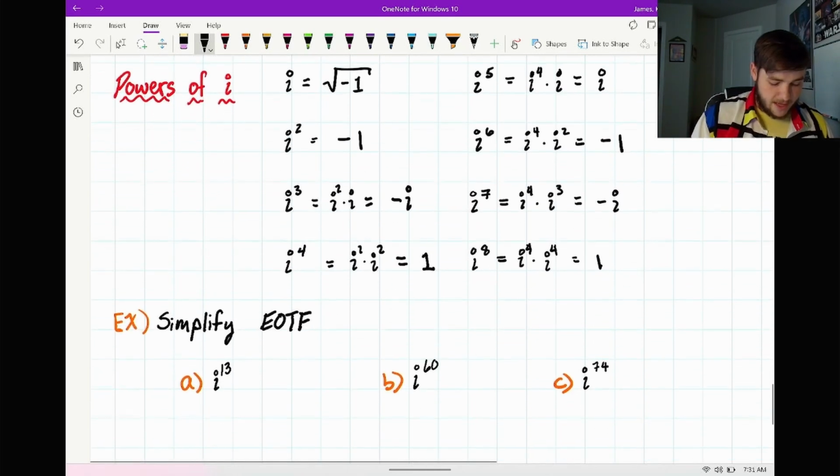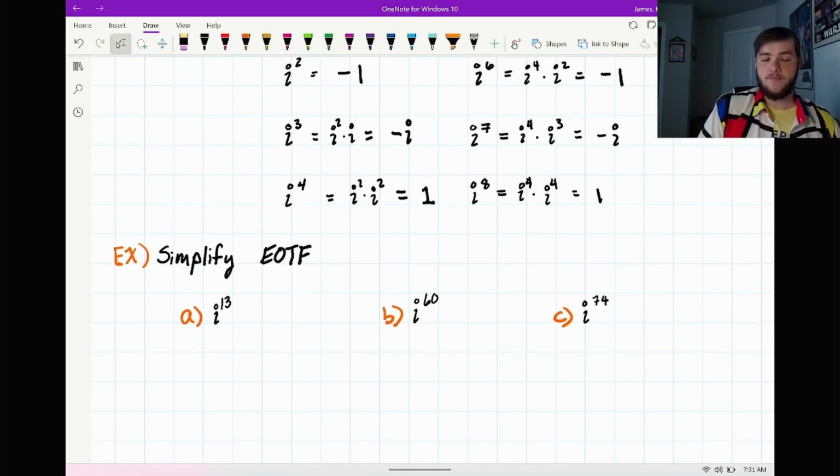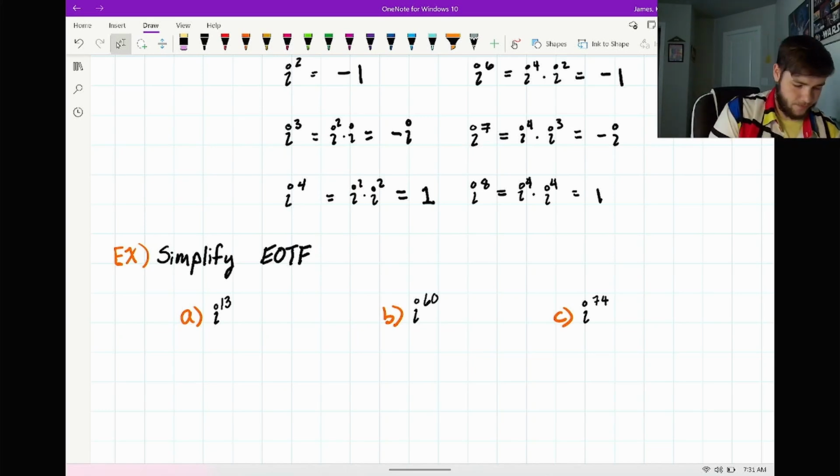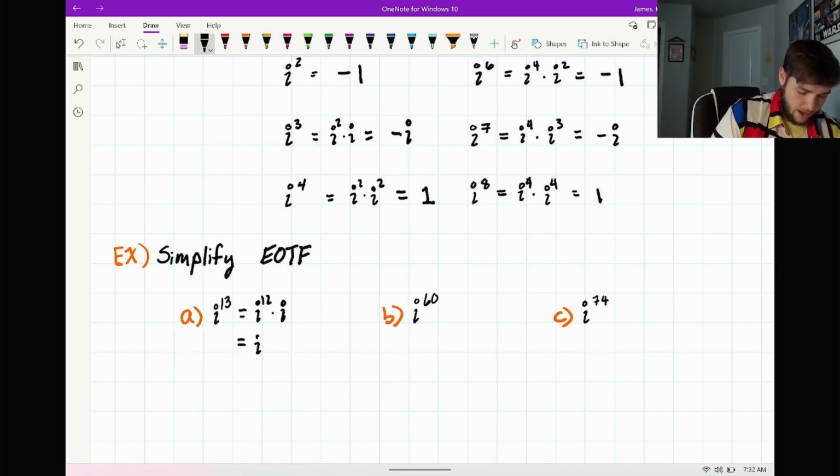So we can use that fact to quickly compute powers of i. For example, in part A, when I'm looking at i to the 13th, I want to find the highest factor of 4 that fits in here, that being 12. So I know i to the 13th is i to the 12th times i. i to the 12th is i to the 4th cubed times i, or 1 cubed times i.